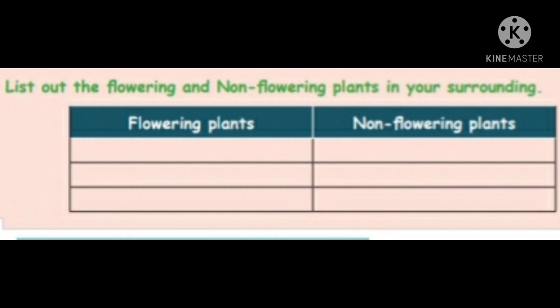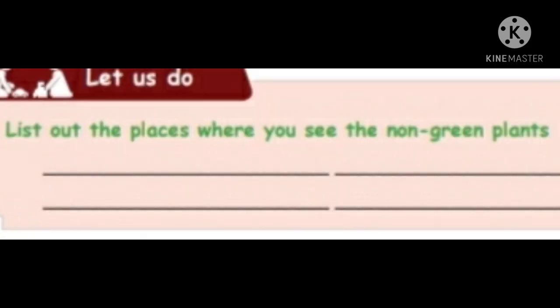And second activity is, list out the places where you see non-green plants. Write your answer in your homework note and send photos in our group.